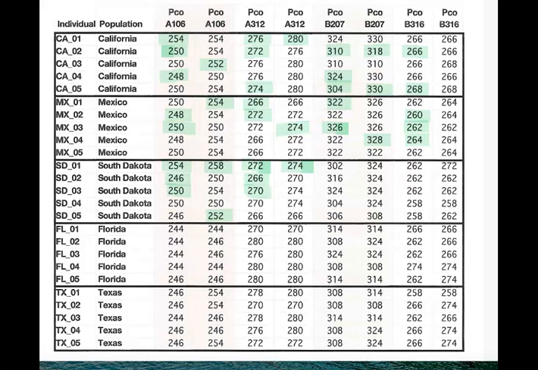All right, in gene 207, we have 302, 316, 324, 304, 306, 308, and we already did 324. That's a lot of diversity there. 302, 316, 324, 304, 306, and 308.